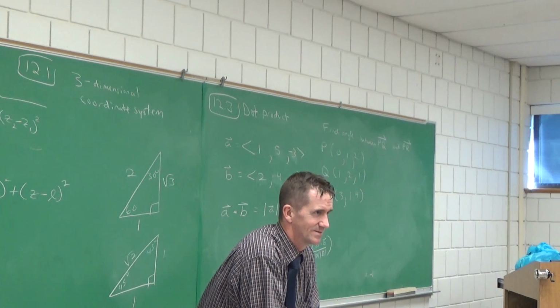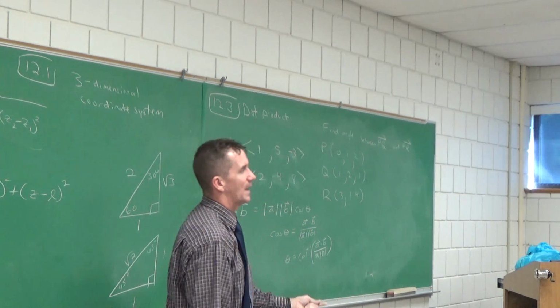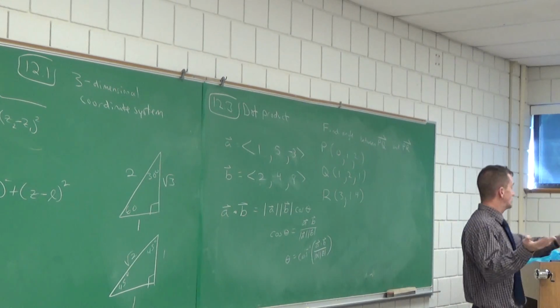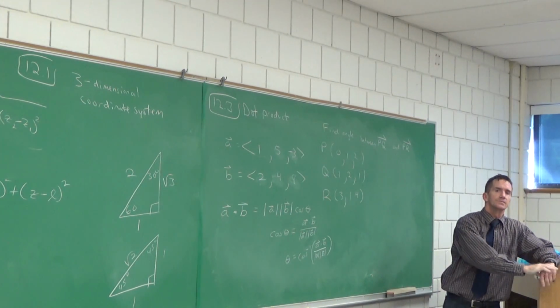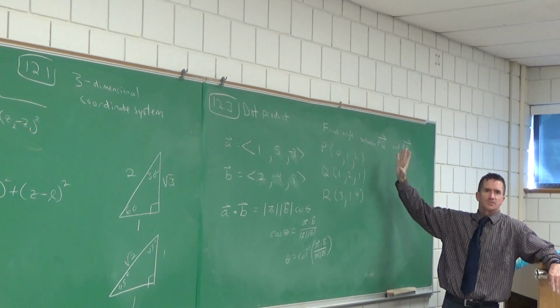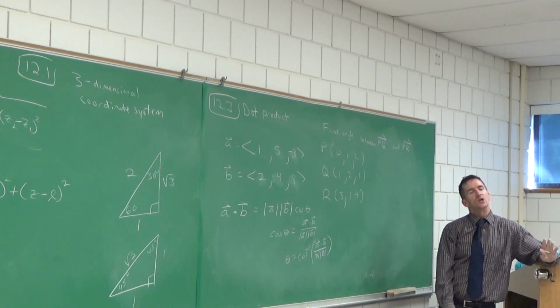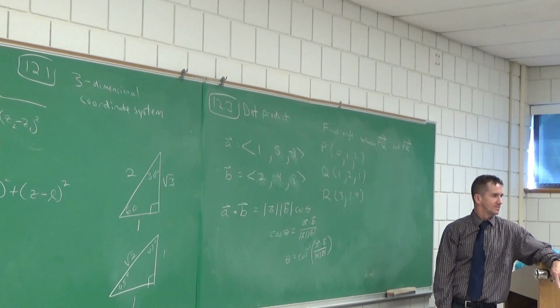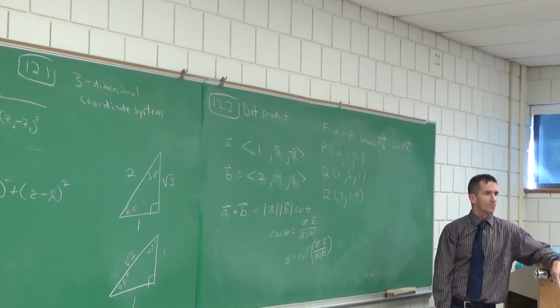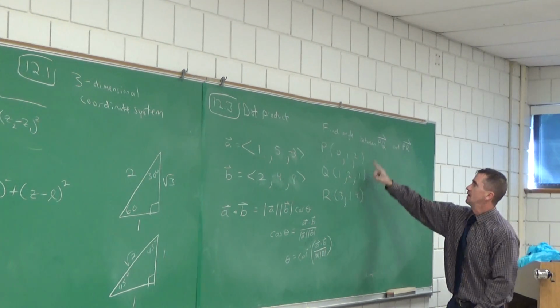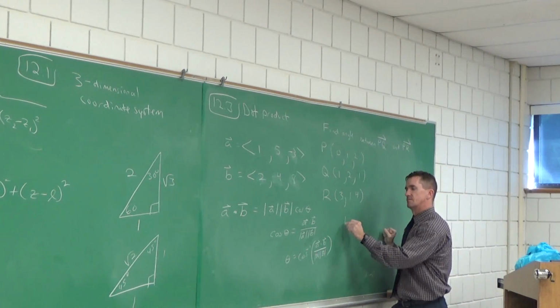There's gotta be a math technique. It's gonna be simple, by the way. I wanted to wait till now to do this. How do you get vector representations from points? And it's cool, everyone. All we do is tip minus tail. We just do simply tip minus tail. So there's point P, Q, and R. Let's find vector PQ.